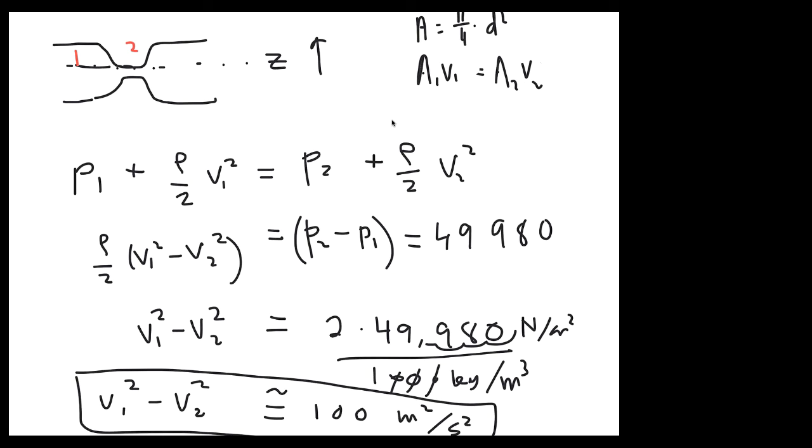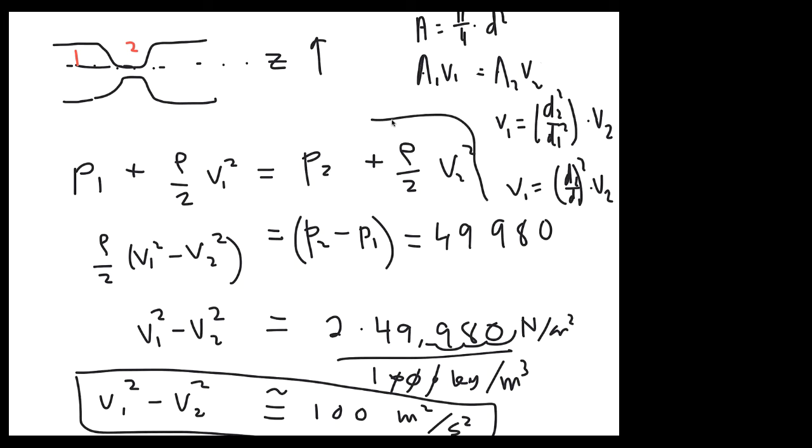So the pi over 4 terms are going to drop out when we stick them in here. Another way of saying that is the ratio d2 over d1, that thing squared times v2 is v1.